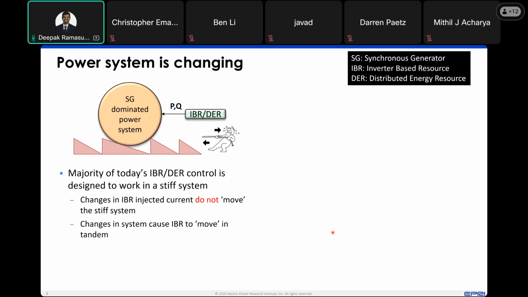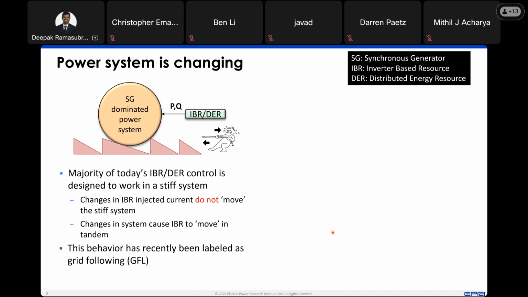Now, this kind of behavior has been happening since the first time inverter-based resources connected, close to around 20 years back. We didn't feel the need for any terminology for it. We didn't feel the need for calling it anything. But of late, and when I say of late, I mean in the past 10 years, it has been labeled as grid following.